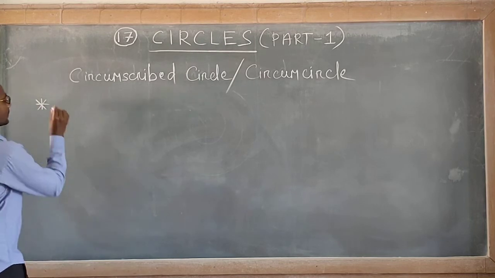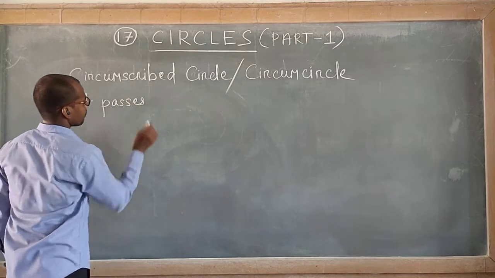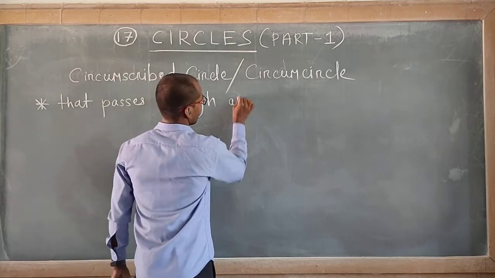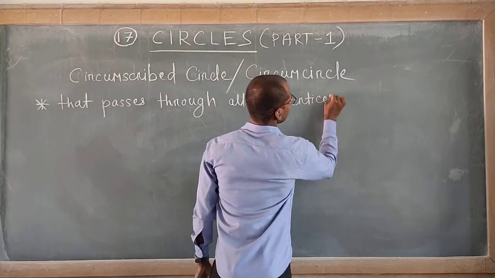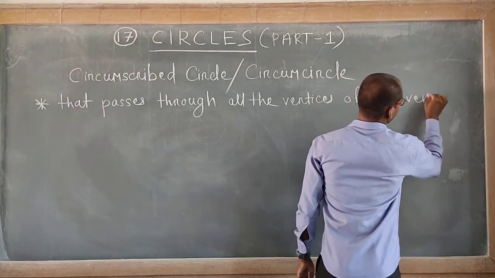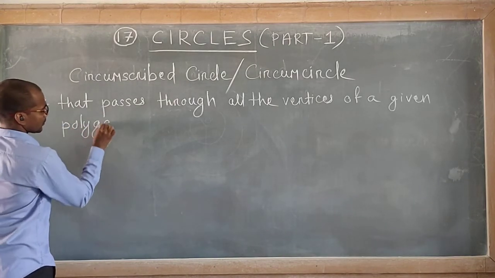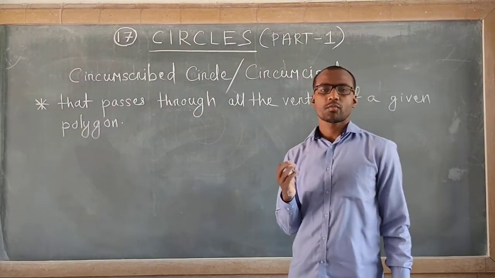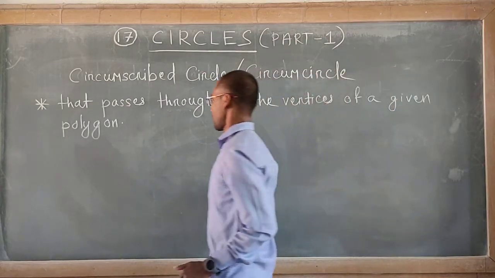It is a circle that passes through all the vertices of a given polygon. Remember this: a circle that passes through all the vertices of a polygon is called circumscribed circle or simply circumcircle.